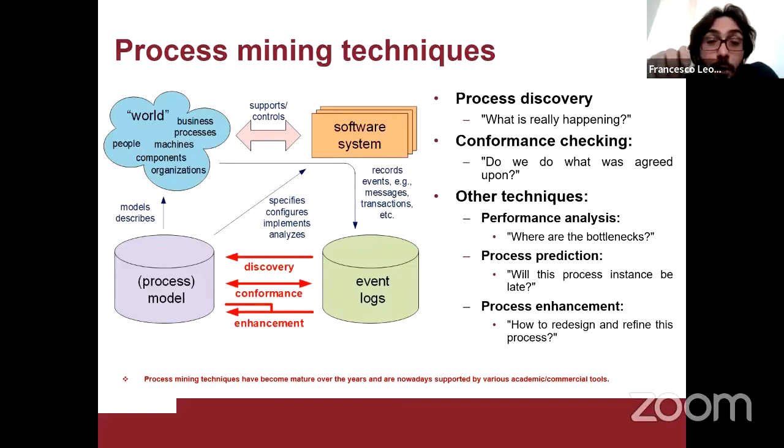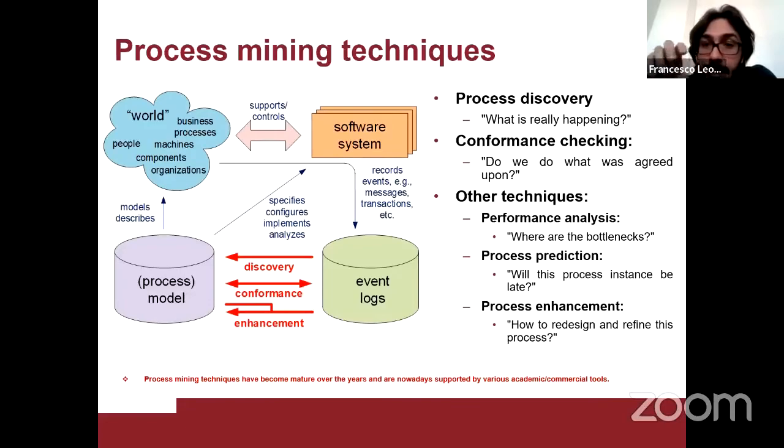If we want to use the information in the event logs to improve, to enhance our understanding of the real process model, we do enhancement. The vast majority of research is focused on discovery and conformance checking, whereas enhancement is a little bit behind in terms of technological maturity.